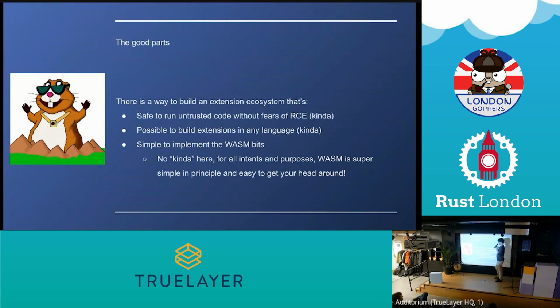So the good parts, in summary: it's a good way to run untrusted code, assuming the runtime is audited and works. At the moment, I don't know if any of the WebAssembly runtimes are audited apart from Google Chrome's V8 WebAssembly runtime that runs in Chrome.